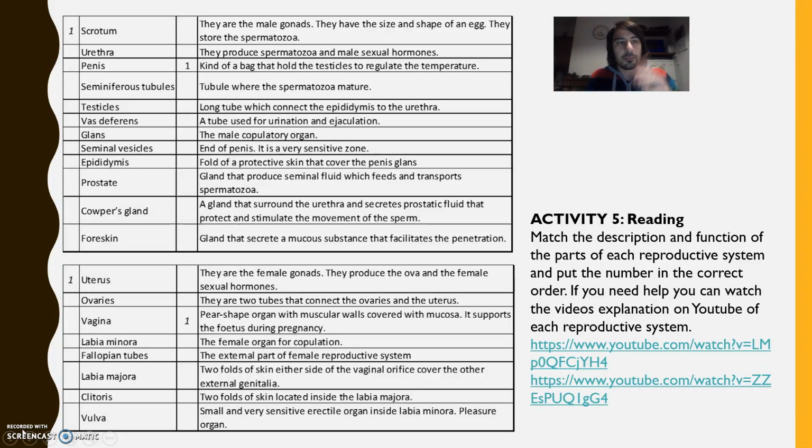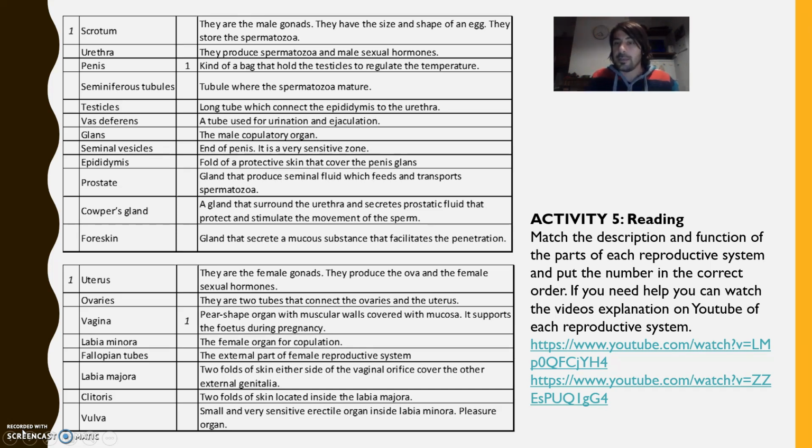For example, in the male reproductive system, we put number one for the scrotum, the kind of bag that holds the testicles to regulate the temperature. And in the female reproductive system, there is another example: one for the uterus, the pear-shaped organ with muscular walls covered with mucosa. It supports the fetus during the pregnancy.